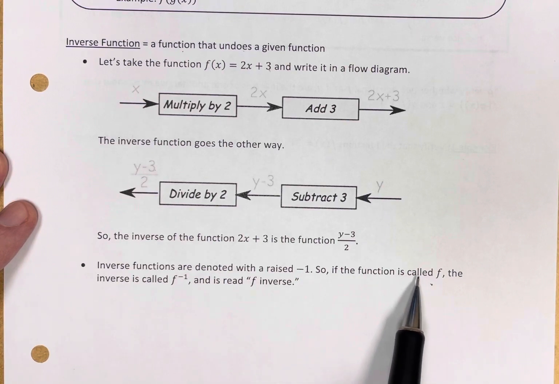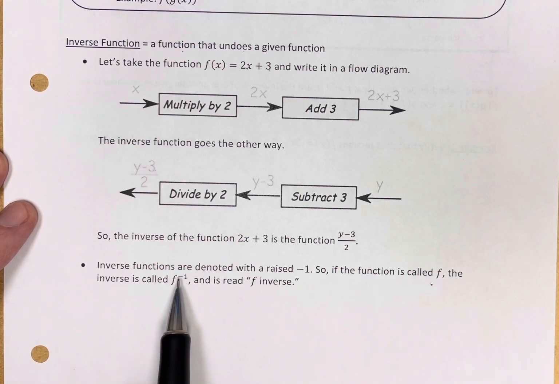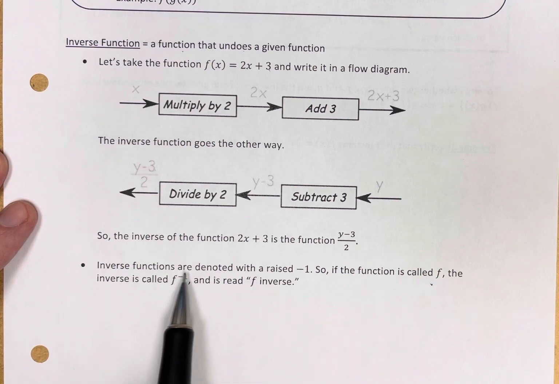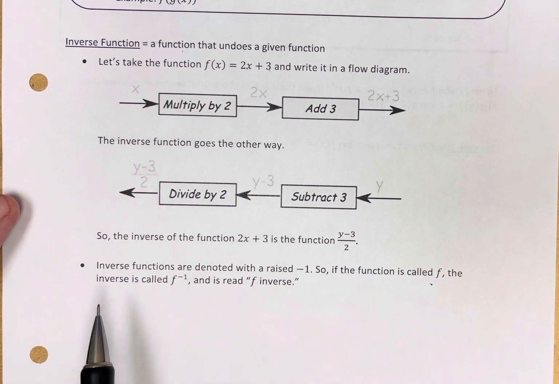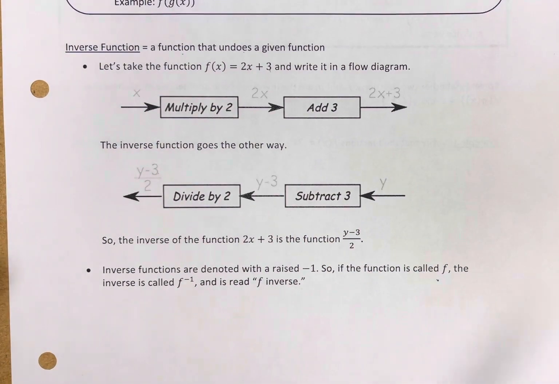So if the function is called f, the inverse is called f inverse, f raised to the -1. It's read f inverse. Again, that negative symbol has lots of meanings in mathematics. It totally depends on how it's used. Gotta get used to that.